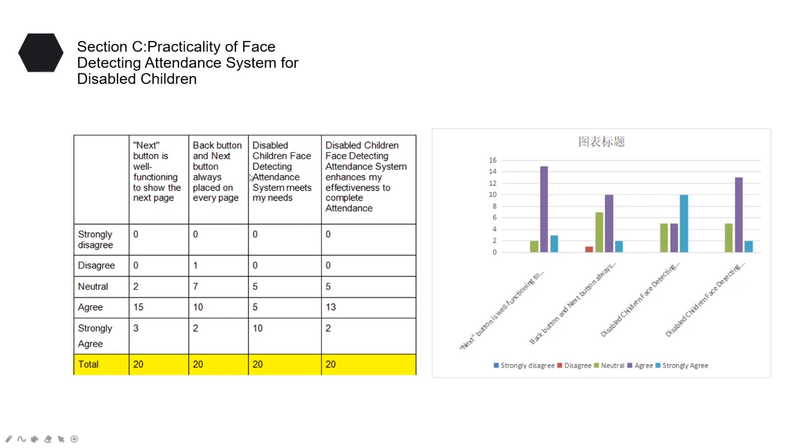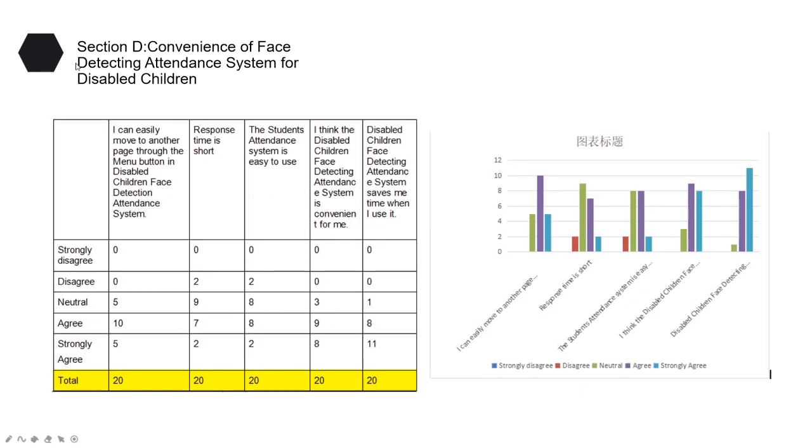Then, disabled children face detecting attendance system meets my needs, and the last one is the system enhances my effectiveness to complete the attendance. So we can clearly see over half of the participants answer agree and strongly agree. That means only a few persons answer neutral or disagree.